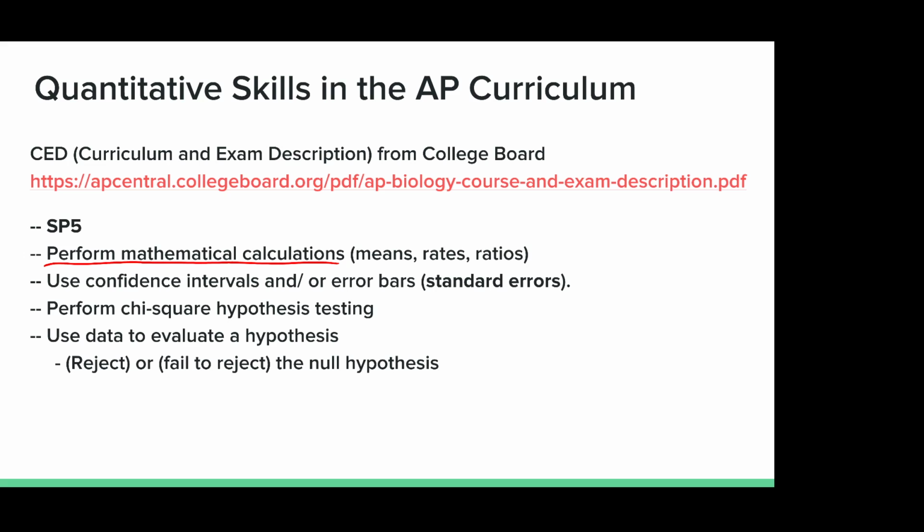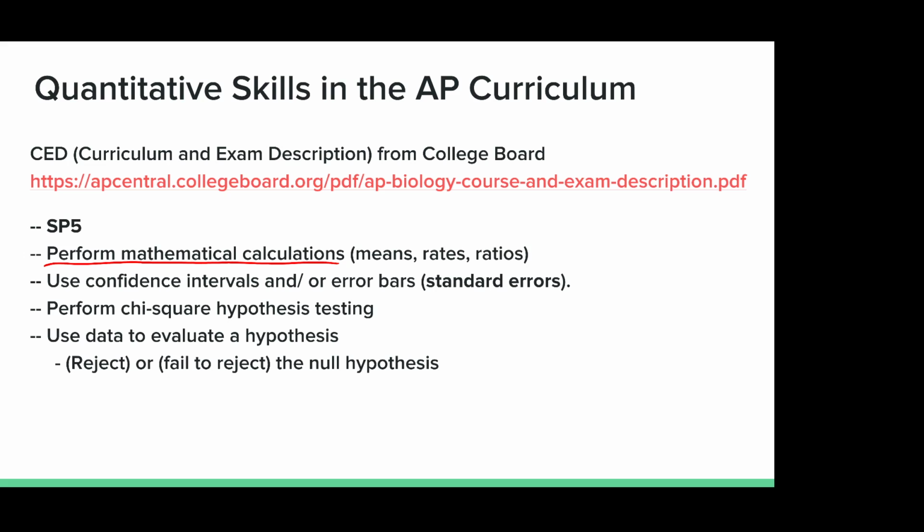We'll talk about that parenthetical statement in just a second. You should also be able to perform a chi-square hypothesis test, a chi-square goodness of fit test for those of you who are so inclined. And finally, use data to evaluate a hypothesis.